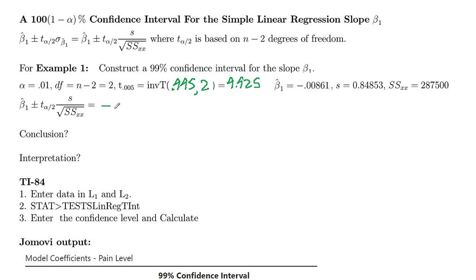Beta 1 hat out in front, negative 0.00861, plus or minus 9.925, and then S is 0.84853, and we are dividing that by the square root of 287,500.